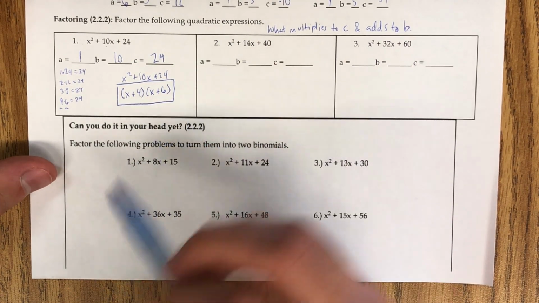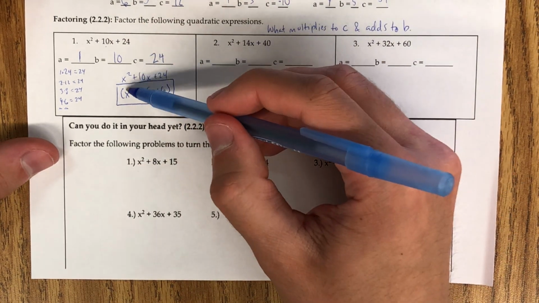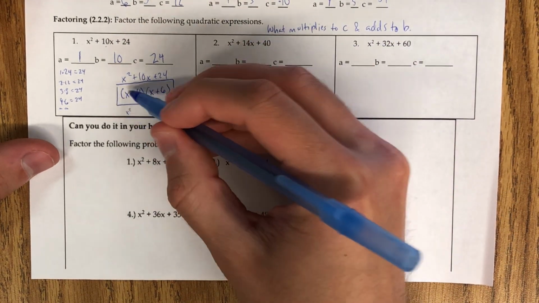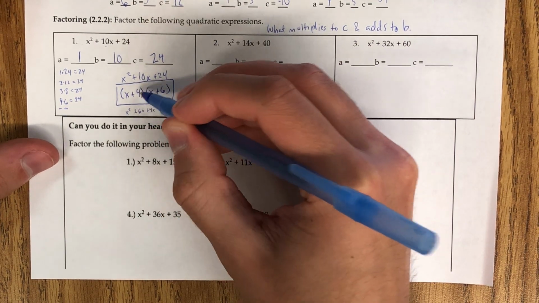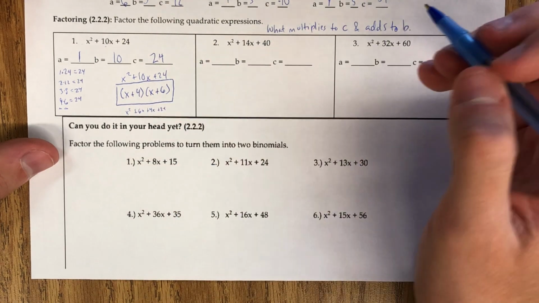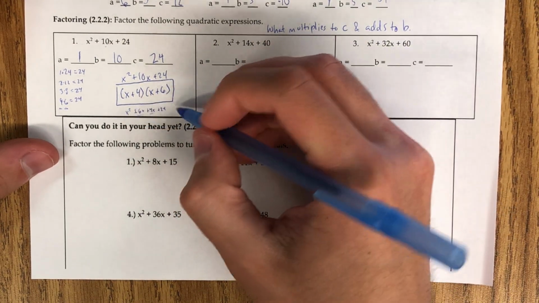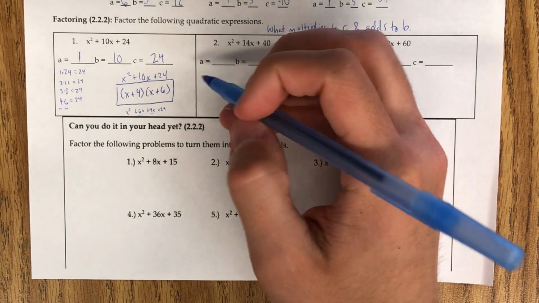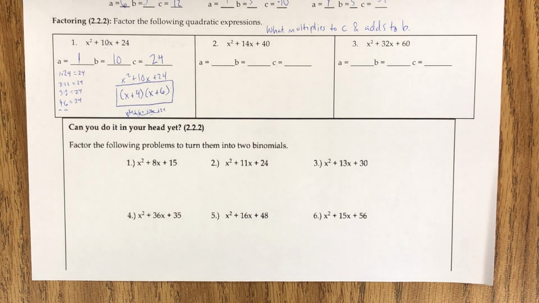If I multiply this back out, x times x is x squared, x times 6 is 6x, 4 times x is 4x, 4 times 6 is 24, so I'm just foiling. Then combine like terms, and we end up with x squared plus 10x plus 24. So you can always multiply out to check that you've got it correct.